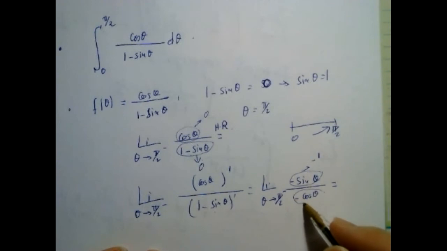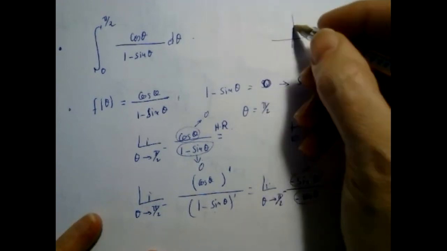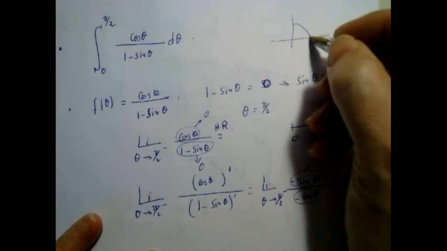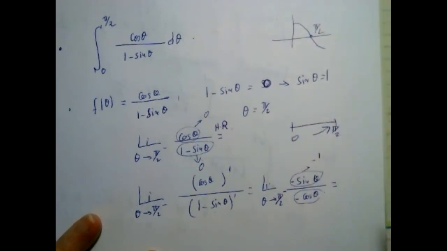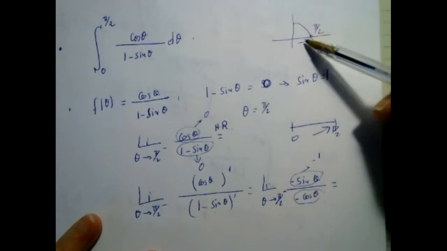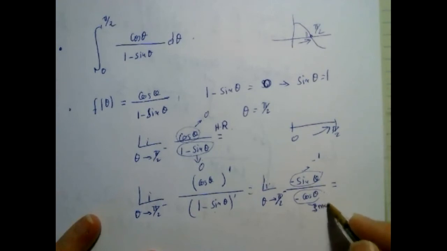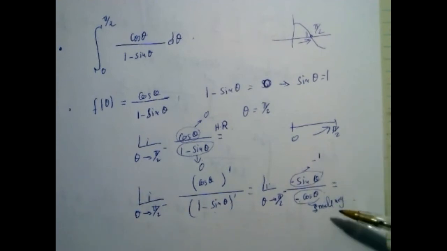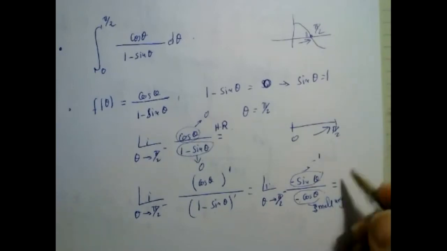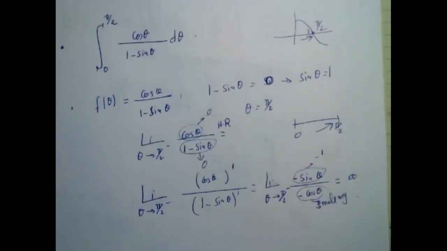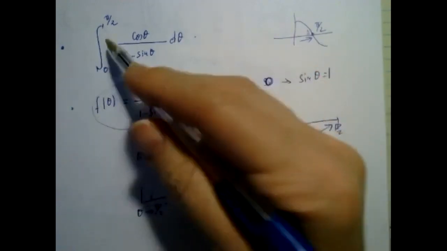The cosine, when we get close to pi over 2, becomes close to 0, but a positive 0. With the minus sign, the denominator is small but negative. Finally, I end up with minus 1 over something small but negative, which gives plus infinity. So the function definitely blows up at one of the limits.